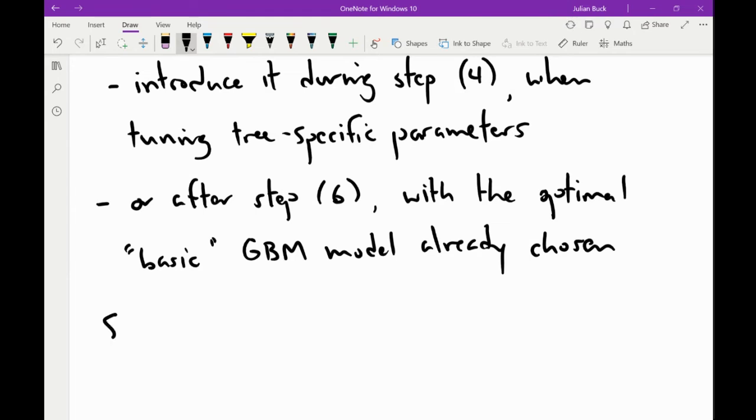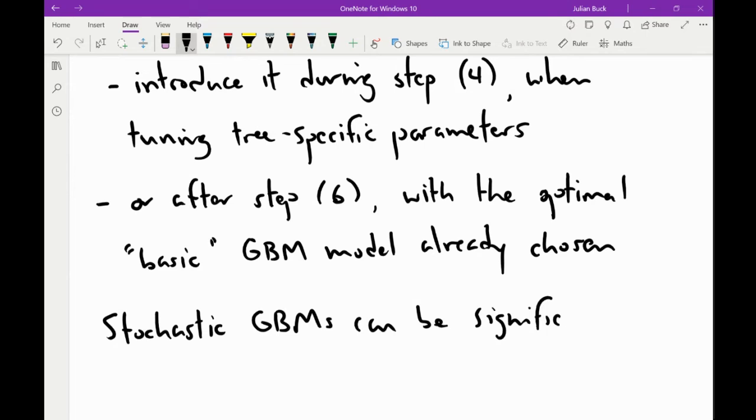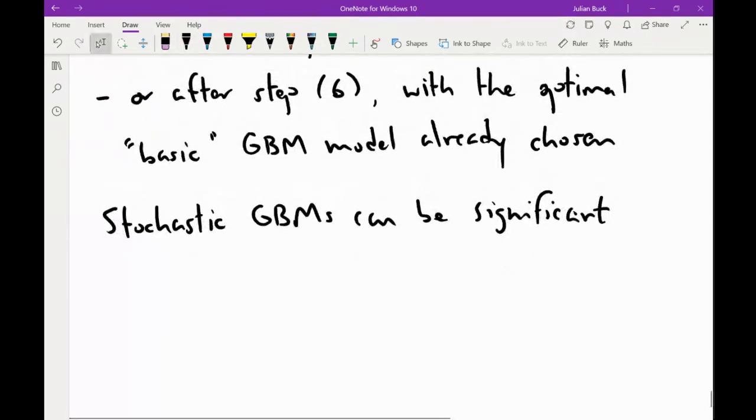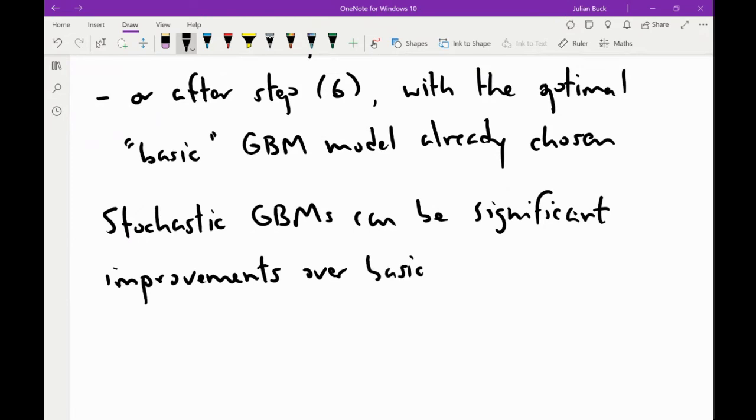So stochastic gradient boosting machines can be significant improvements over basic ones. For some data sets, this is possible, but not always.